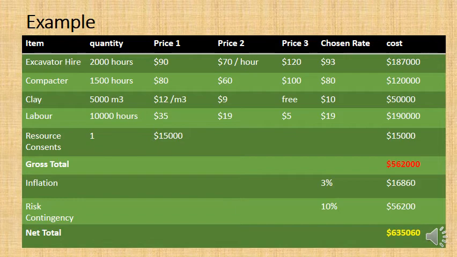So there's a few different items there, and some of them you may be surprised at, but I want to tell you that this is a really, really basic example because it only has 5 line items. That's nothing. In any civil engineering project, you're going to have a lot more line items than that.